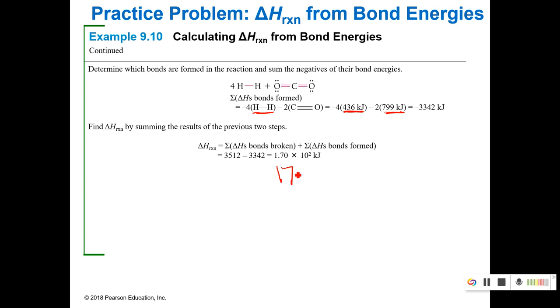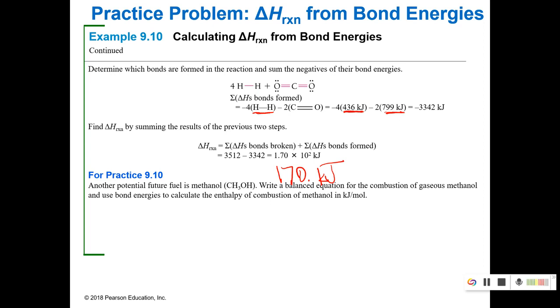If you wanted this to have the same sig figs, it'd be 170 kilojoules. Don't forget about sig figs when all this comes into play. But remember, when we subtract and add, we only pay attention to the numbers after the decimal, and here there's nothing after the decimal. So it doesn't have 4 sig figs, it has 3 sig figs. Specifically because there's nothing after the decimal, we want it to be a whole number.